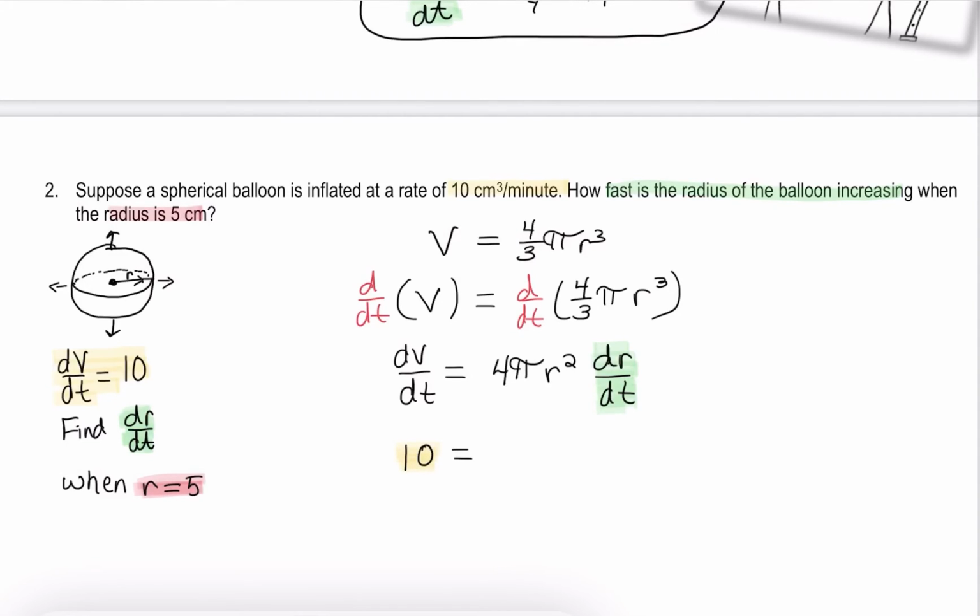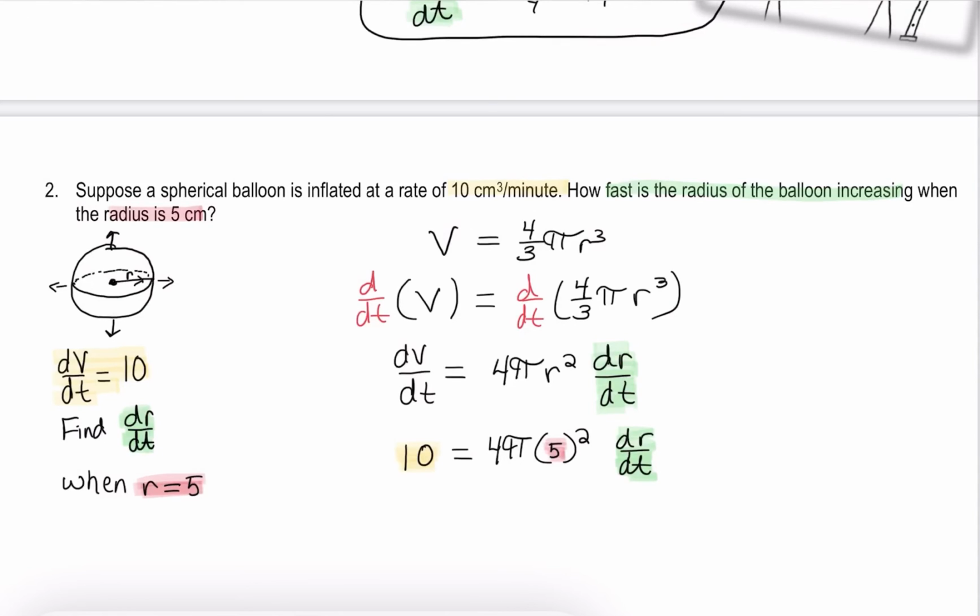And then that is equal to the 4 pi, and then subbing in my r is equal to 5, so subbing in 5 for the r. And again, we're solving here eventually, looking to find the dr/dt. All right, so what do we really have here?